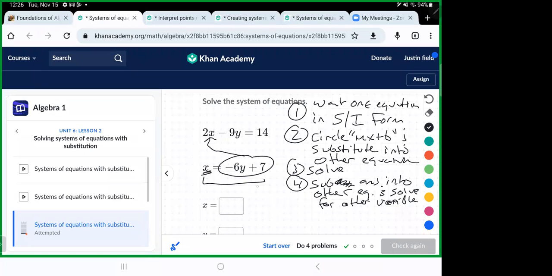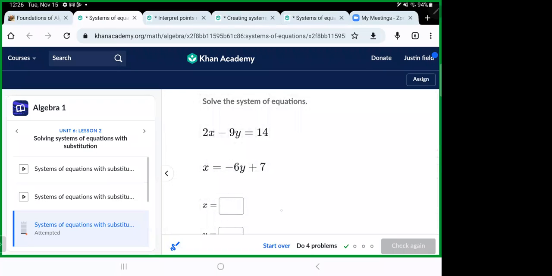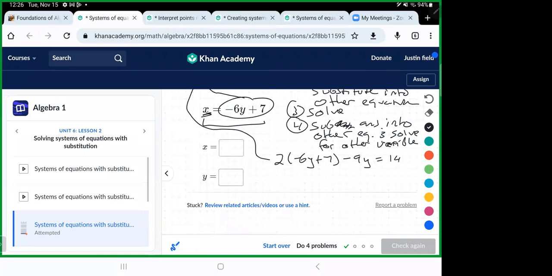So that means we can rewrite this equation, but instead of 2x, I'm going to write 2 times negative 6y plus 7, minus 9y equals 14. All right, hold on one second. And I want you to notice what that did. That gives us just one variable now, just the y. So we are going to solve for y.